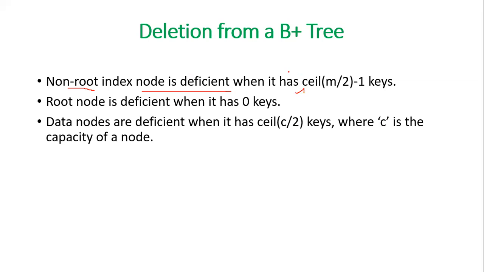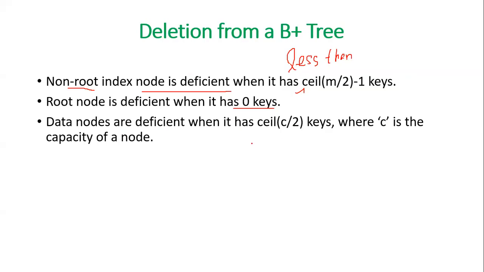It can have up to ceil of m by 2 minus 1 keys, right? And a root node is deficient when it has 0 keys.